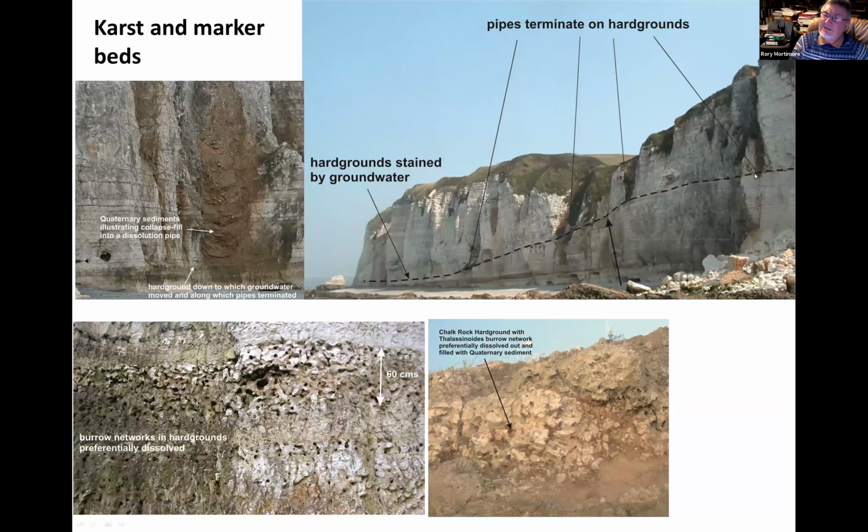And they also form on surfaces like this one here. This is a hard ground forming, and you can see it in the cliffs, and it's forming a channel, a slope. And where you've got karst features developed, these dissolution pipes are coming down from the top of the cliff onto that surface.